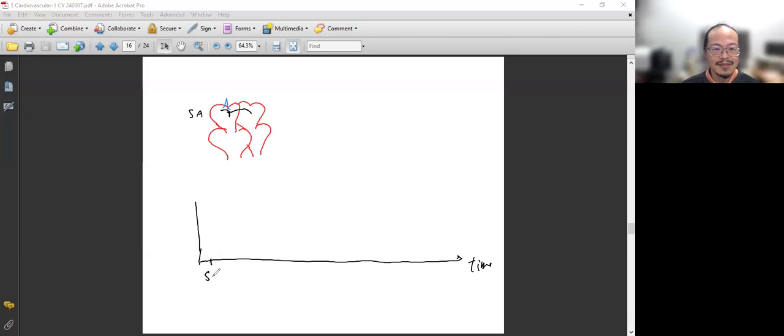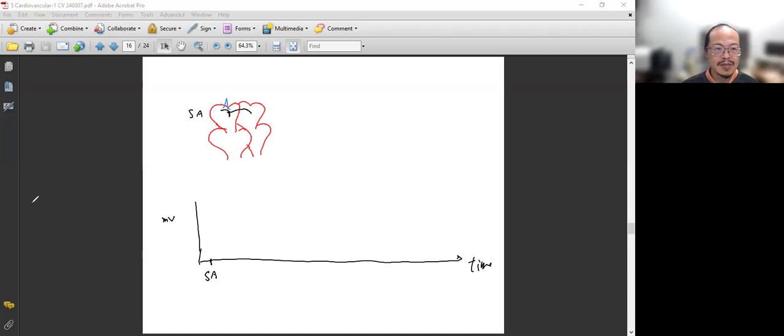This is the SA node, action potential generated. It will travel to both left and right atrium. The x-axis is time, the y-axis is the membrane potential in millivolts. So the left and right atrium will generate action potential.